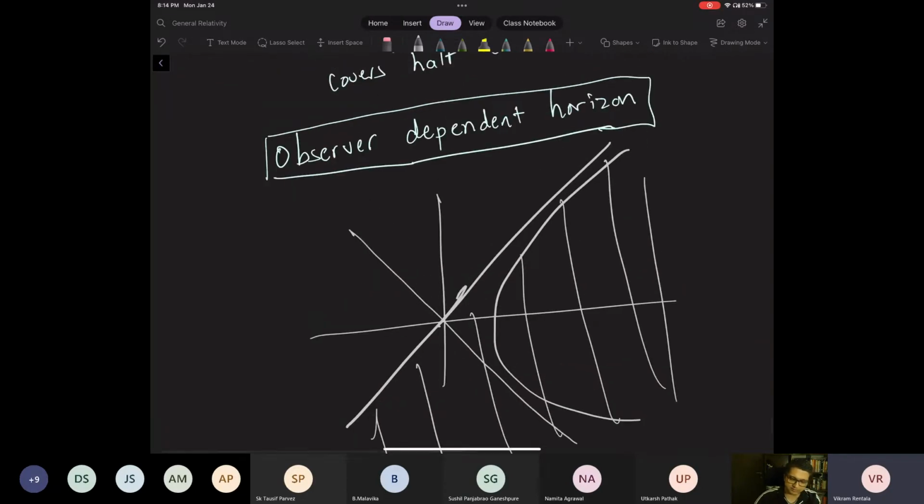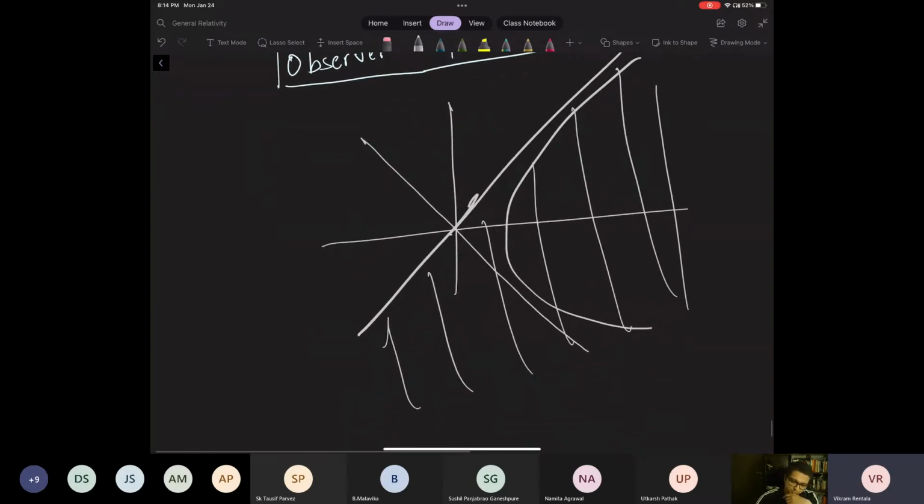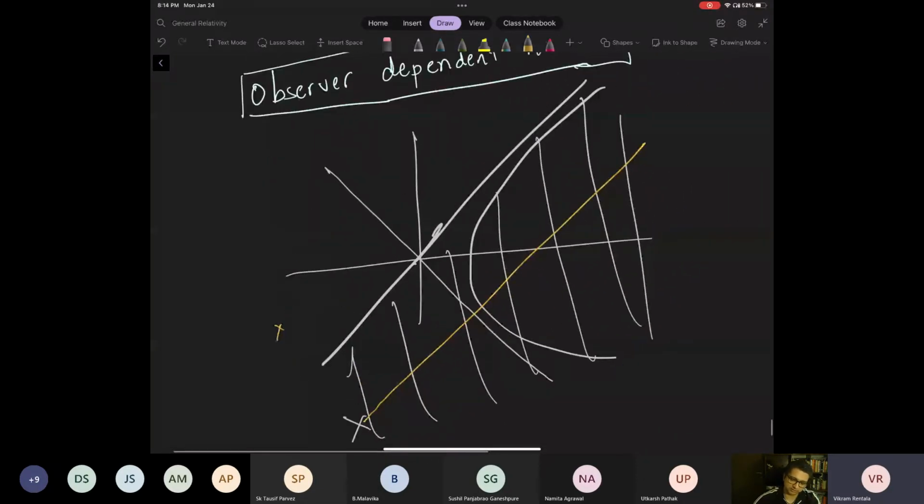On the other side of the Rindler horizon, they cannot get any signals. So even someone who is, let's say, here, who's not one of the Rindler observers, if they send a light signal, it will reach the Rindler observers eventually. But someone here, if they send a light signal, it will never reach the Rindler observers. It will travel parallel to their horizon.